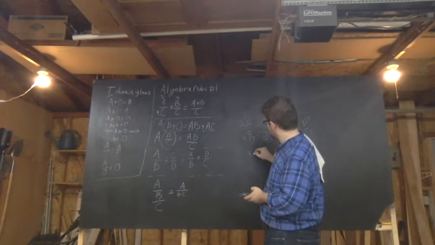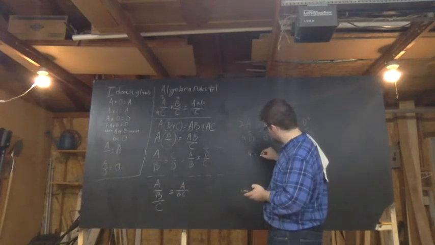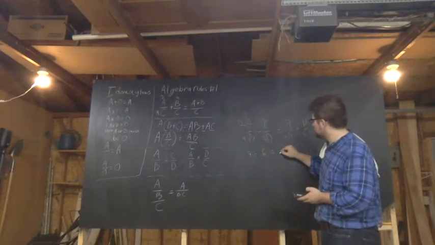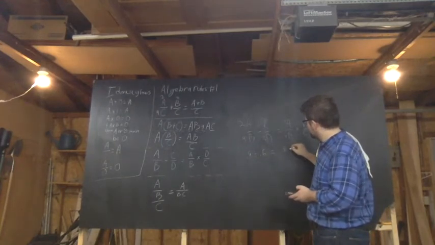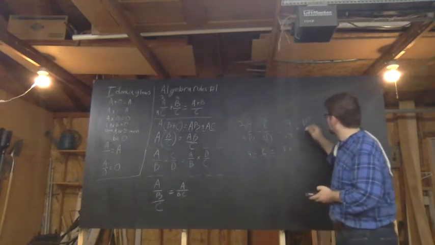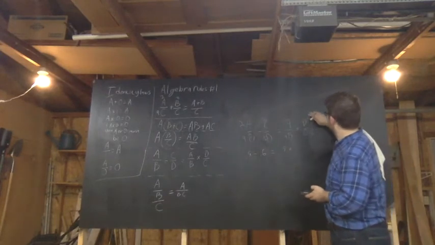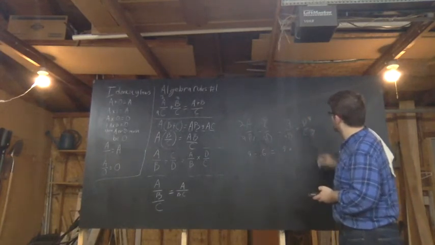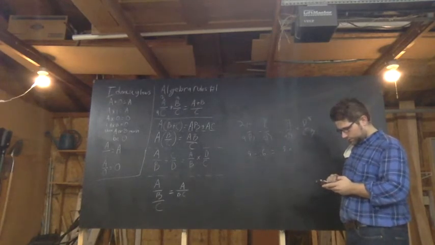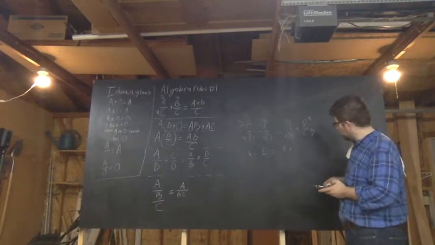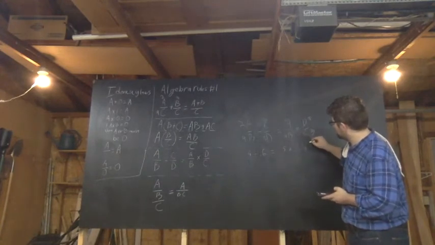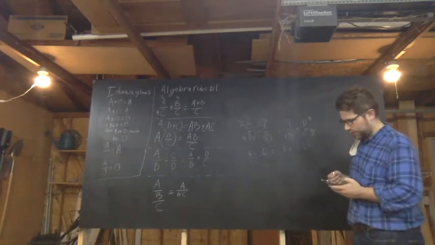0.5 divided by 0.6 should be equal to 0.5 times, sorry, that should be 5 over 3. 1.6. We'll say 1.67, rounding.